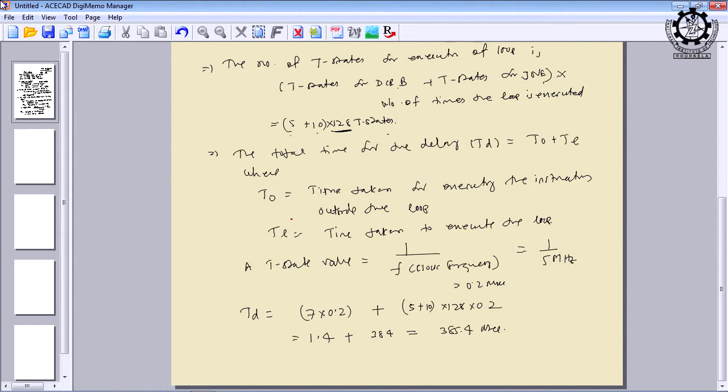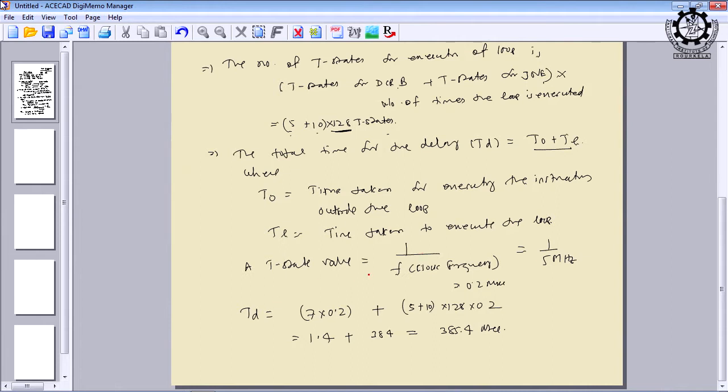So, this is the common formula for finding the delay. Total time is equal to T O plus T L. T O is the time taken outside the loop. Here only one instruction is there. You can also have more than one instruction outside the loop, and T L is the time taken to execute the loop. So, how do we find out the T state value?